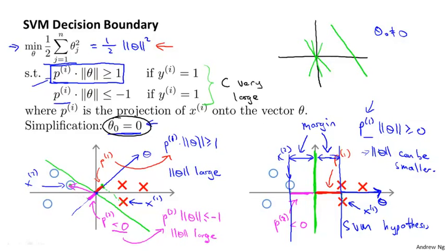So that explains how the support vector machine is a large margin classifier. In the next video, we'll start to talk about how to take some of these SVM ideas and apply them to building complex nonlinear classifiers as well.